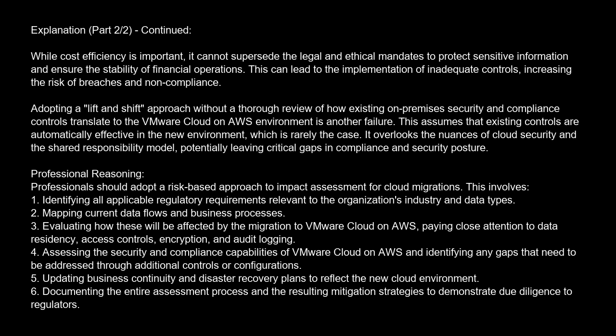Assessing the security and compliance capabilities of VMware Cloud on AWS and identifying any gaps that need to be addressed through additional controls or configurations. 5. Updating business continuity and disaster recovery plans to reflect the new cloud environment. 6. Documenting the entire assessment process and the resulting mitigation strategies to demonstrate due diligence to regulators.